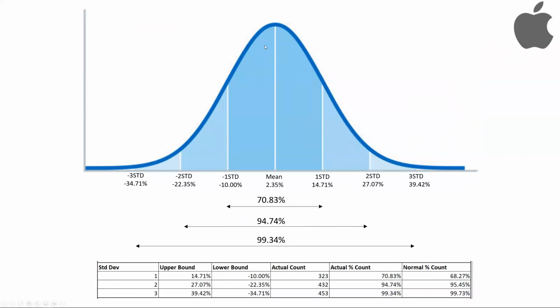Okay, so from a graphical presentation, I have worked out where standard deviation 1, 2, and 3 lie. So for standard deviation 1, upper bound is 14.71, lower bound is -10, and 70.83% of your data fall within this standard deviation 1, and so on and so forth.